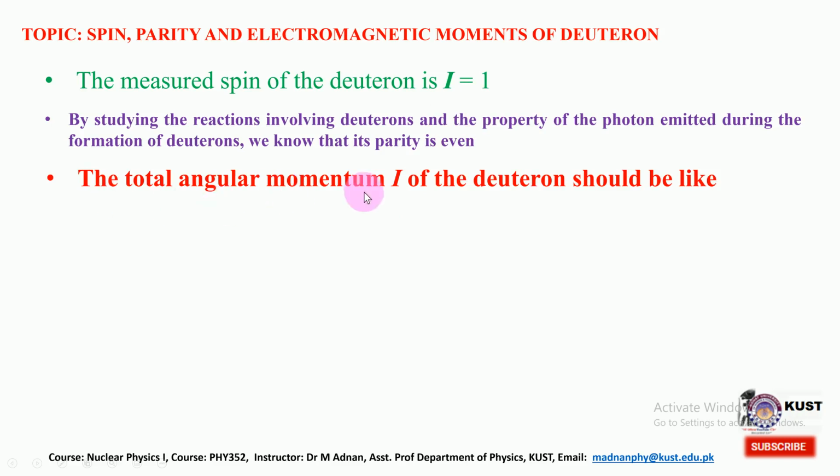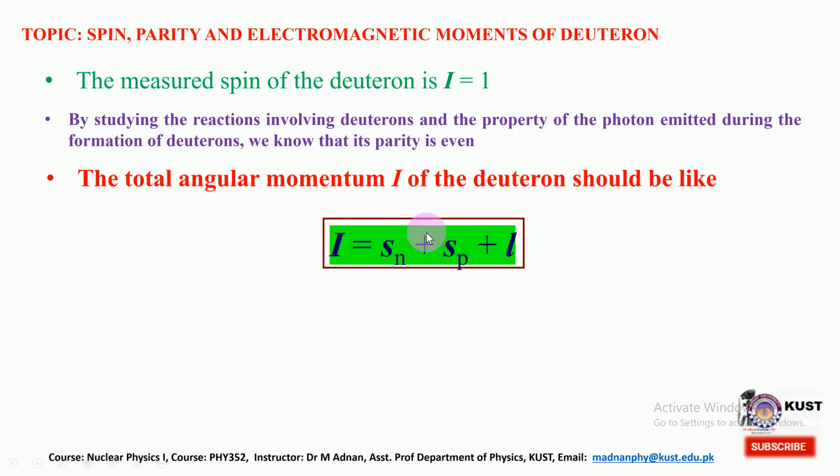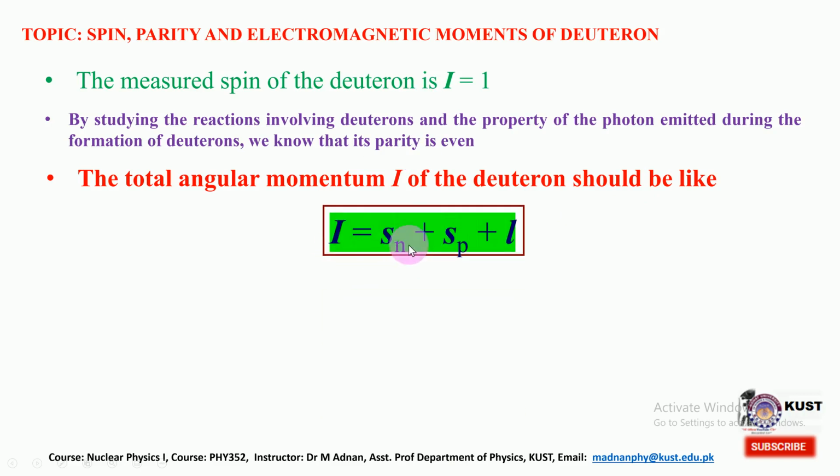Now, the total angular momentum I of the deuteron should be, as we have discussed, that in deuteron there are only two nucleons, one is neutron and the second one is proton, and the total angular momentum is the vector sum of the intrinsic angular momentum which arises due to the spin, as we have discussed in the previous lecture, and also due to the orbital motion.